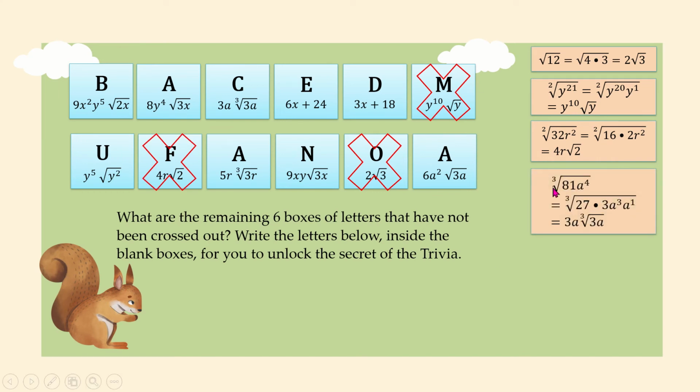Next, the cube root of 81a exponent 4. The index is already 3. So when we factor 81, the question is, is 81 a perfect cube? No. But we can factor 81 into a perfect cube and a non-perfect cube, of which 27 is a perfect cube, right?